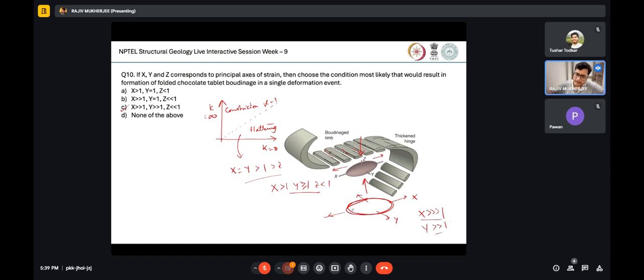So if you have extreme flattening where both x and y directions are extended, you are now extending y such that the ratio exceeds the value of 1. You have already created tensile fracturing along the limbs while you extended x and made the strain ellipse like this. Now if you flatten it out, eventually both x and y exceed 1, and it is completely oblate.